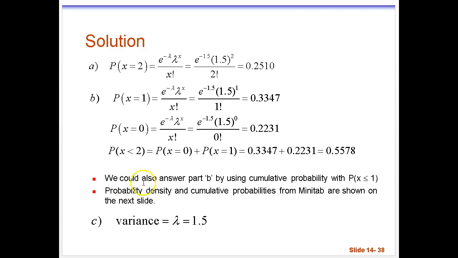Your note says we could also answer part B using cumulative probability and find x less than or equal to 1. Notice that says less than or equal to 1, and my problem says find the probability that x is less than 2. But keep in mind, x can only be whole numbers, so if it's less than 2, it can only include the numbers 1 and 0.